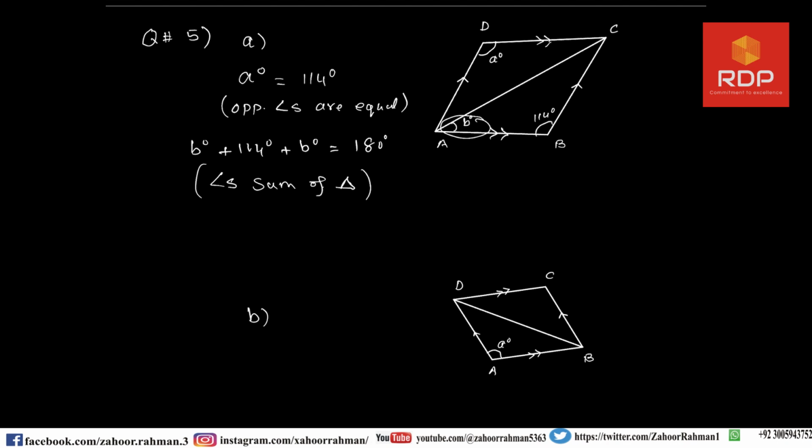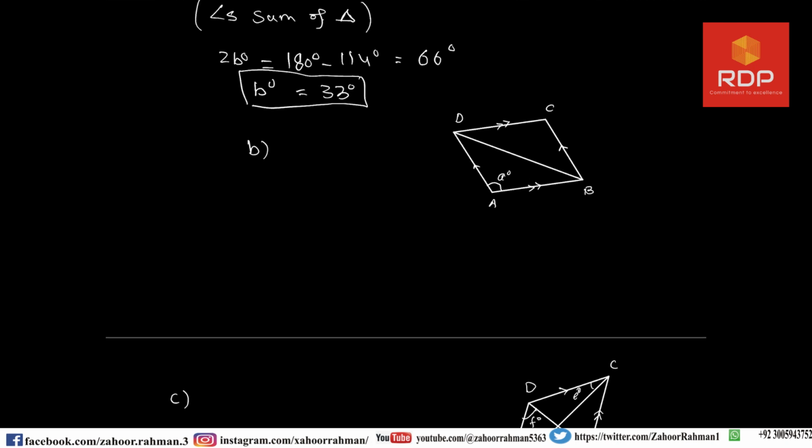Because this is b, this will also be b, and we write 2b degrees is equal to 180 degrees minus 114. When we calculate it, it will be equal to 66 degrees. Now b degrees is equal to 33 degrees, because we divide both sides by 2, which is the coefficient of b degrees.